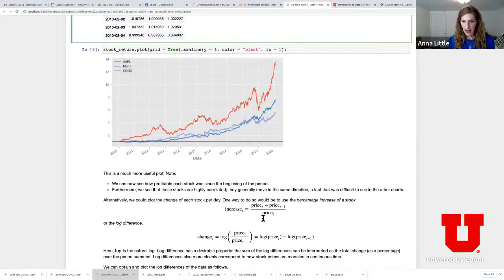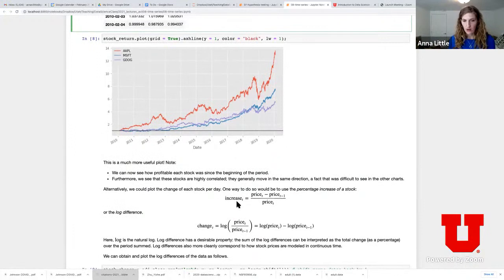So one way to do that is to look at the percentage increase of a stock. So the increase at time t would just be the daily change divided by the starting price. Okay, so the difference between what we did before is we were looking at the percentage change from the very beginning, but this is looking at the daily percent change.